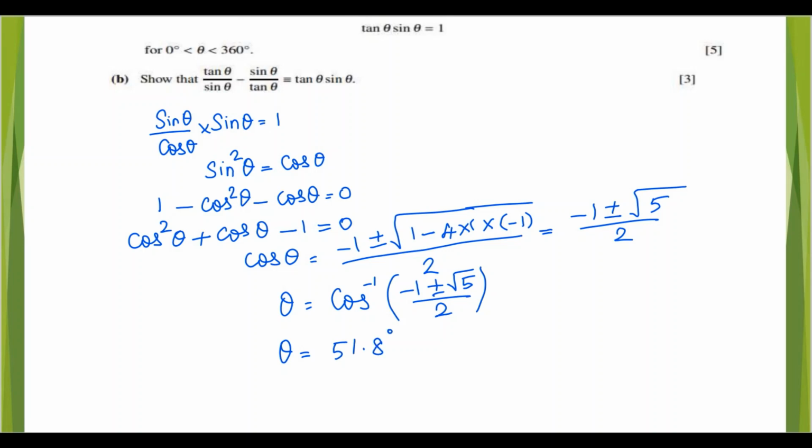It's given theta lies between 0 and 360, so we can write one more value, 360 minus 51.8 degrees. So theta is 51.8 degrees and 308.2 degrees.